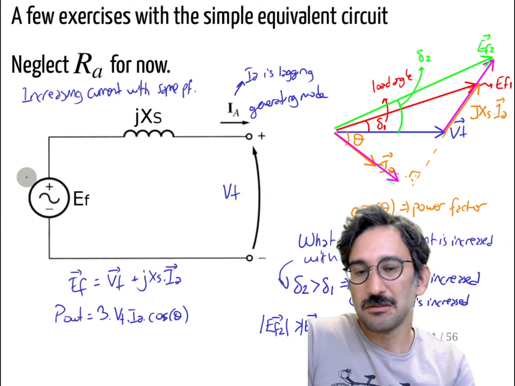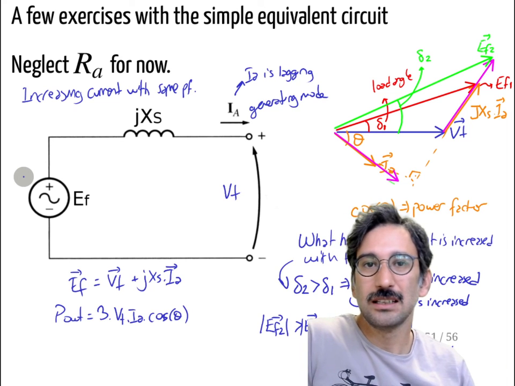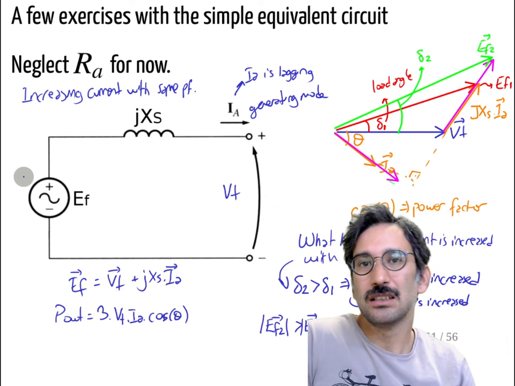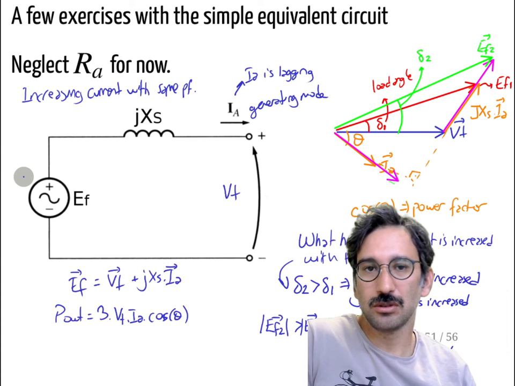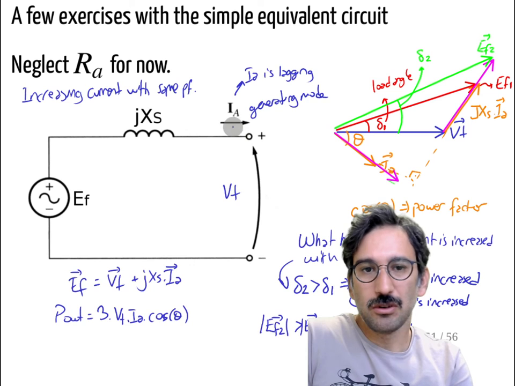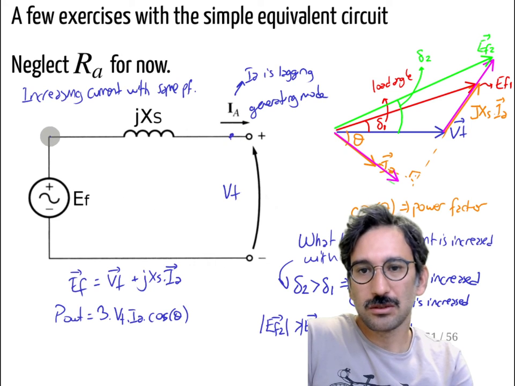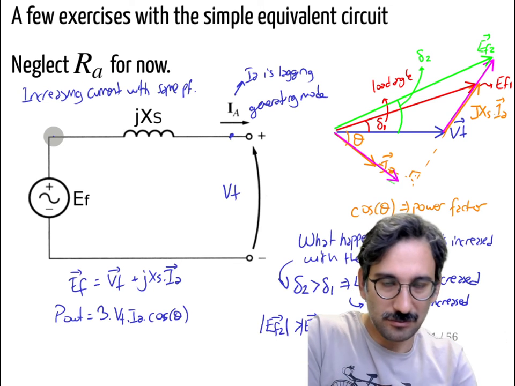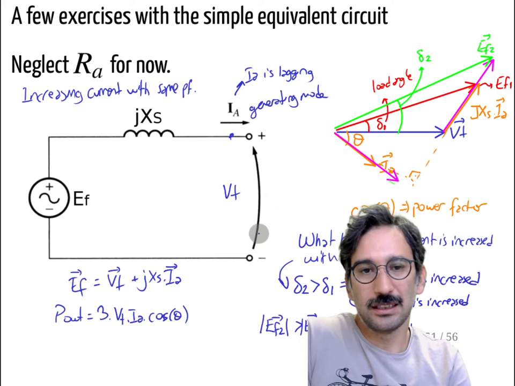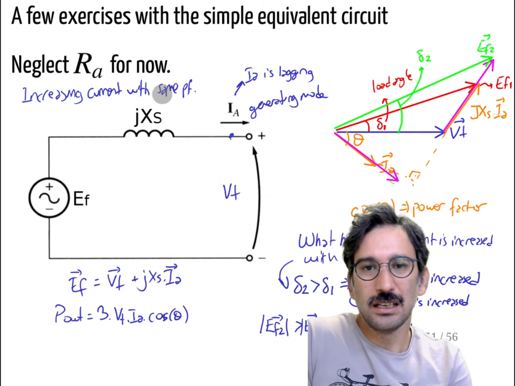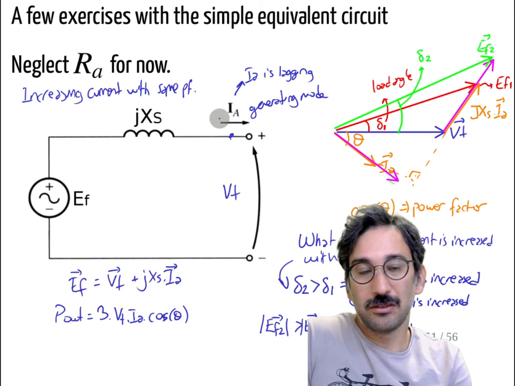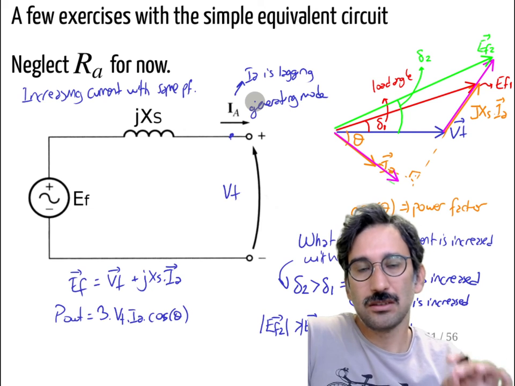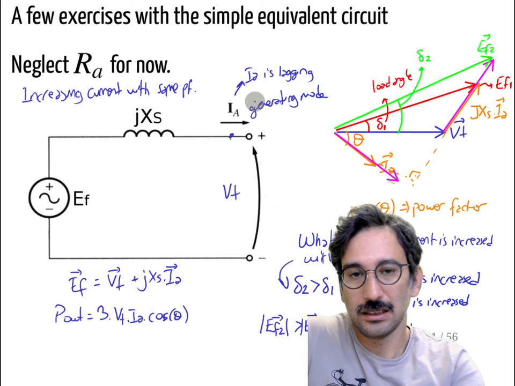So EF is an equivalent model that we invented to show the flux due to the rotor, but in reality, all the electrical connections are made through here. You cannot connect anything to here physically, and you cannot measure that just by connecting something. You need to calculate it. And again, power factor is always calculated at the terminals.